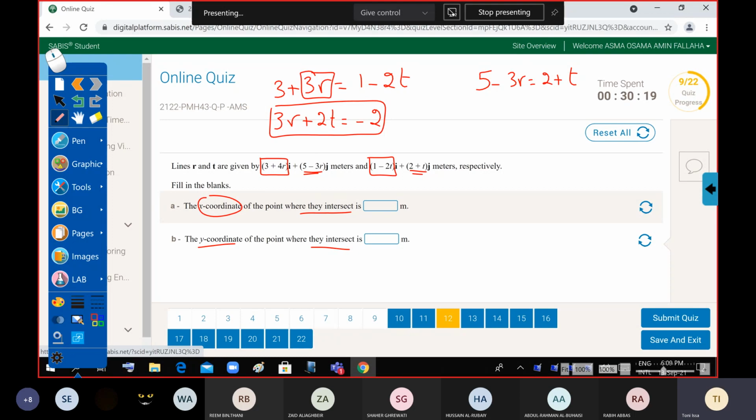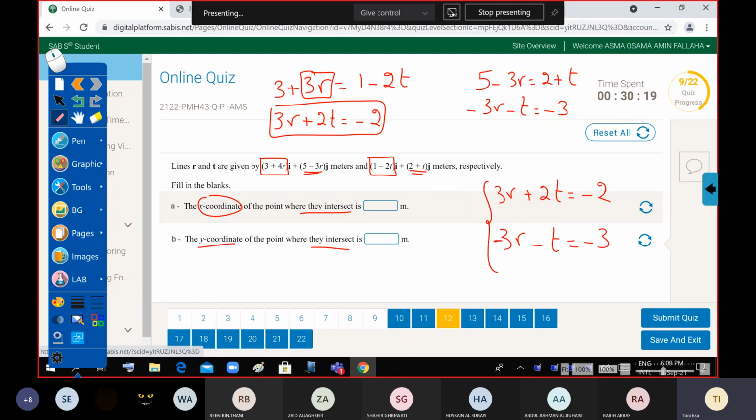Minus 3r minus t equals minus 3. So now I have two equations with two unknowns: 3r plus 2t equals minus 2, and minus 3r minus t equals minus 3.